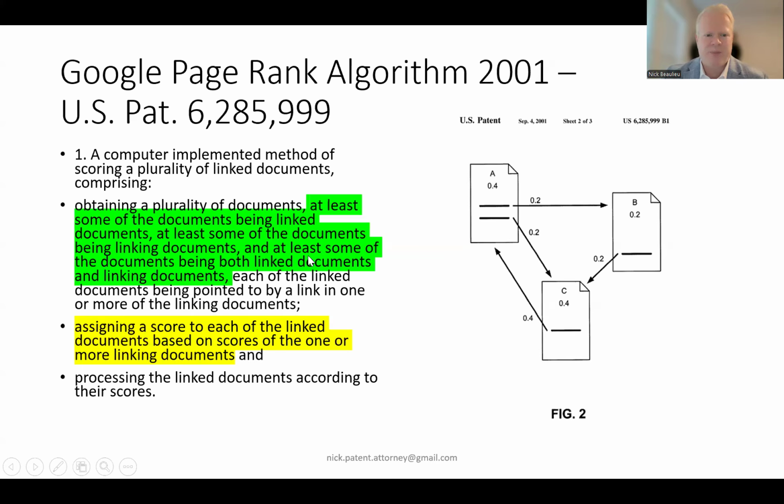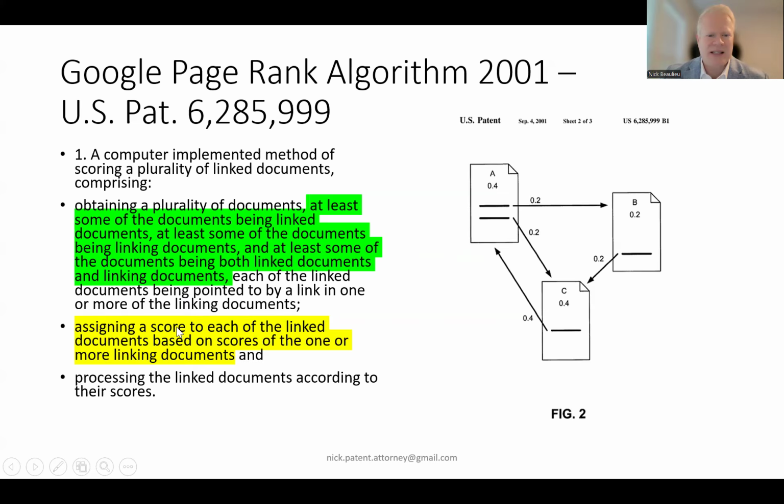So right away, if you only looked at one of these, if you only looked at documents that are both linked and linking, then that wouldn't cover the case where you have some that are not doing both, or you could look at one or the other. So that's one way, just looking at different data than this.